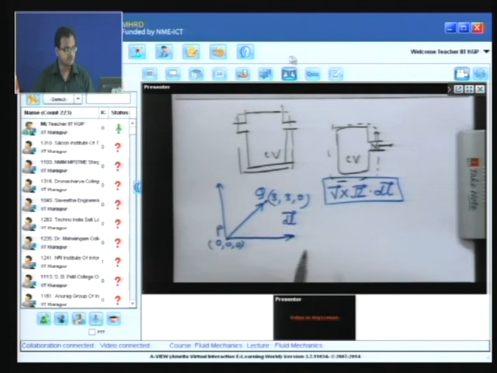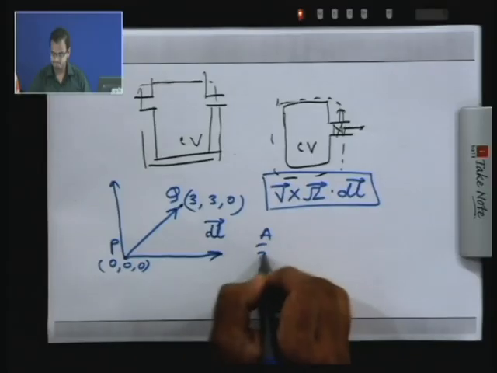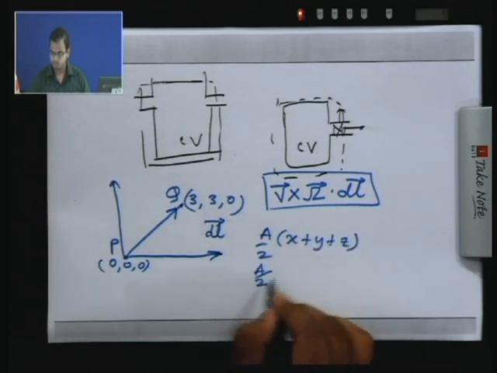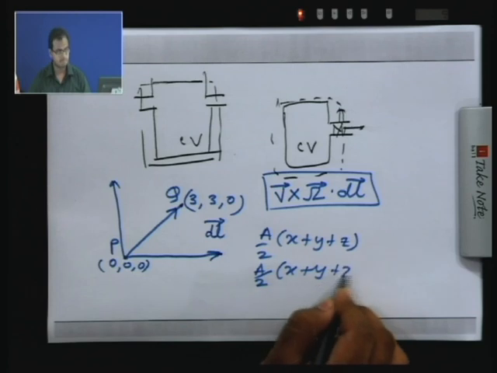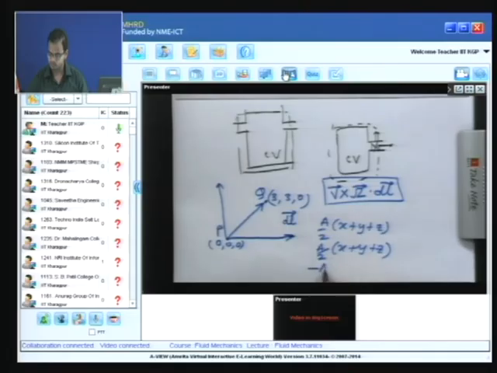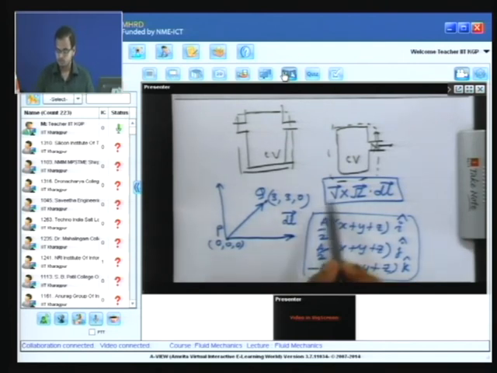So, you have the velocity field, and given this velocity field, you must now determine whether or not this term is 0.